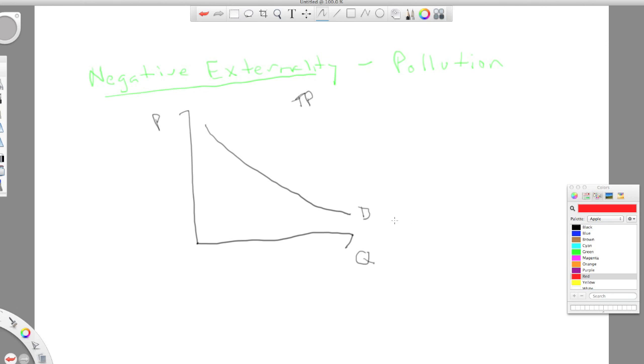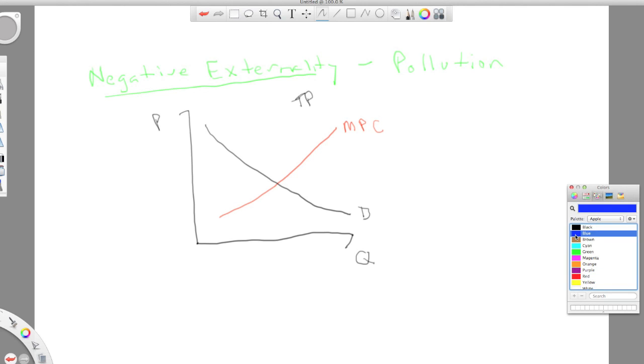In addition to the benefits, on the cost side, and this is where the externality is going to come in, we're going to have a supply curve which is going to capture the private cost. I'm going to call it MPC for marginal private cost. And the marginal private cost is effectively the marginal cost curve or the supply curve for the toilet paper producing firm. So that's the one in red.